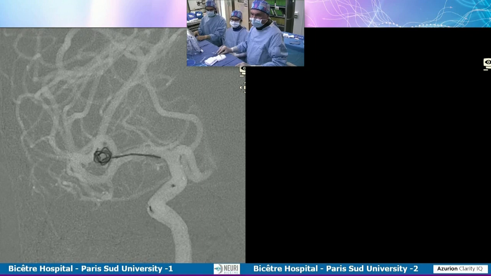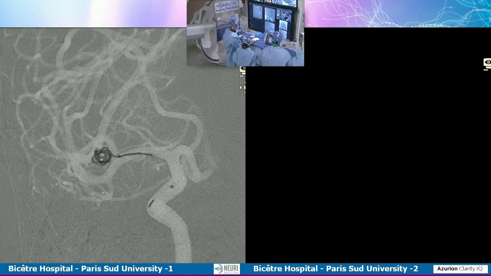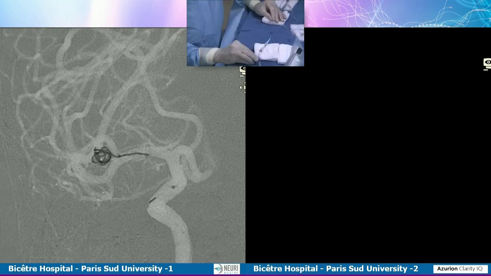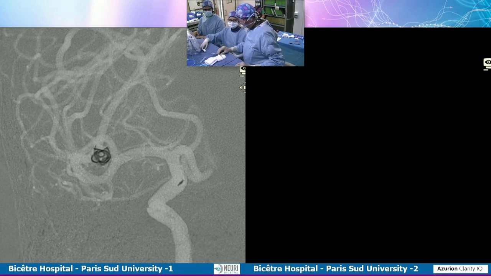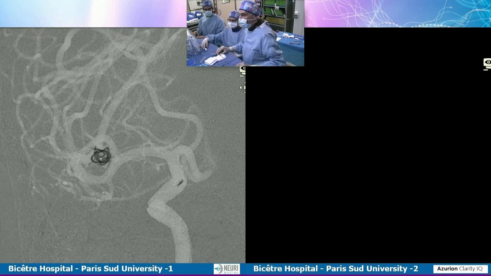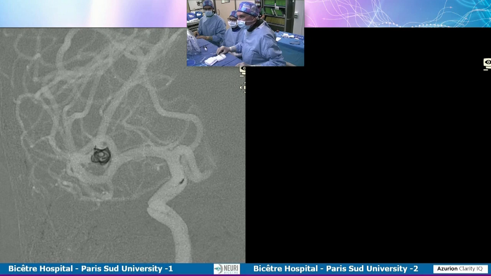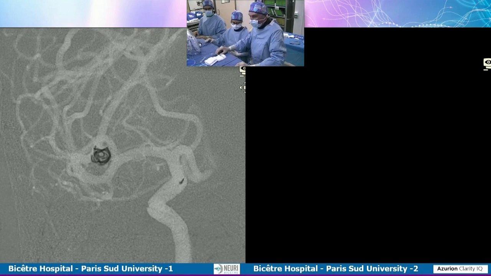So using the pipeline, the goal was as much as possible to avoid covering some side branches. So this is why they will avoid covering this lower branch from the MCA bifurcation. And as you can see here on the 2D, there is a very large lenticulostriate artery, and we want to avoid covering it.